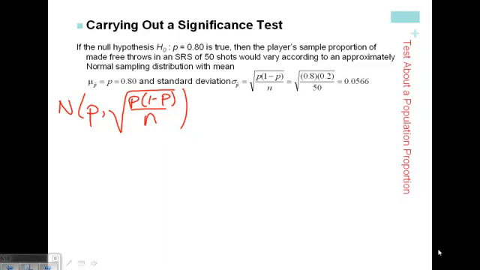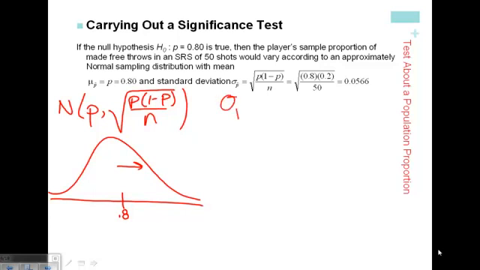That means that if I'd like to draw that out, I'm going to have to do a little calculation to find out what the spread is for that. The standard deviation of the distribution of p-hat is going to be the square root of 0.8 times 0.2 divided by 50.